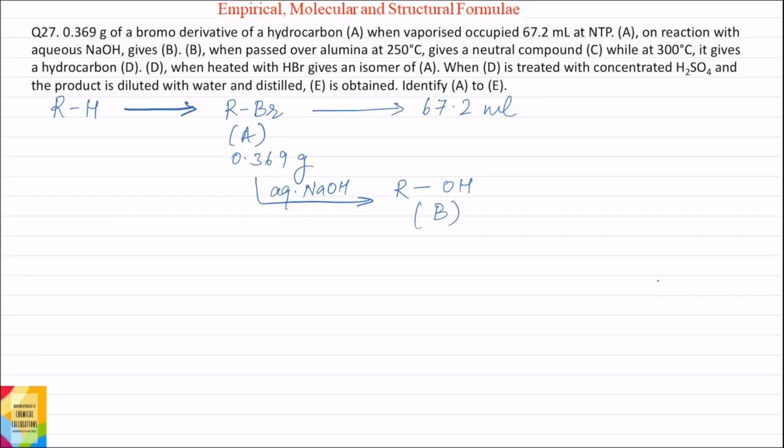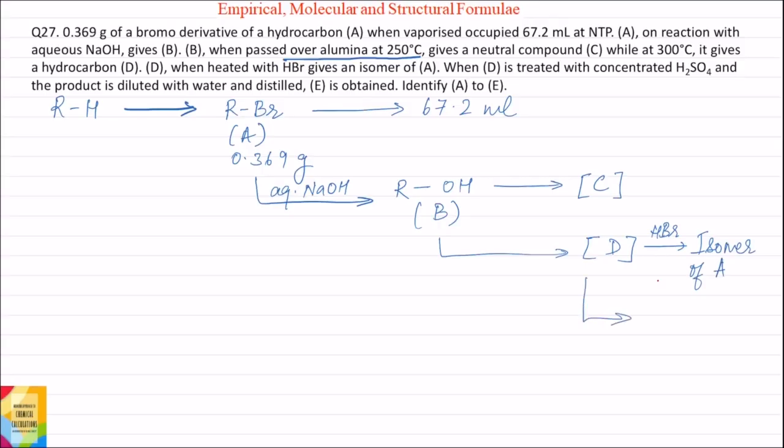B when passed over alumina at 250 degrees centigrade gives a neutral compound C. But B at 300 degrees centigrade gives a hydrocarbon D. D when heated with HBr gives an isomer of A, and D when treated with concentrated sulfuric acid and the product is diluted with water and distilled, E is obtained.